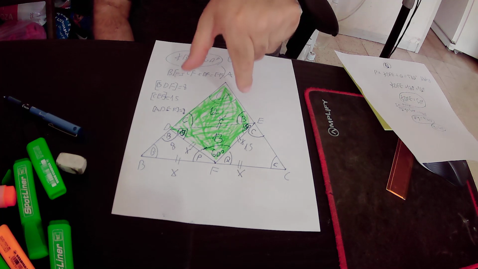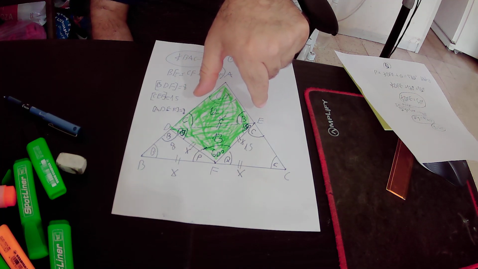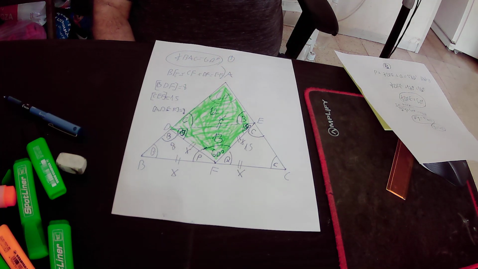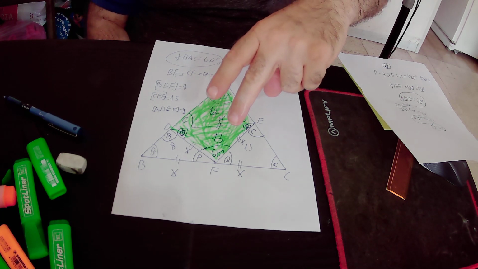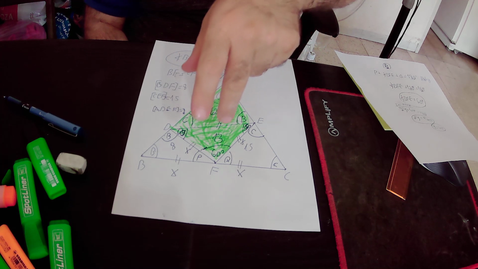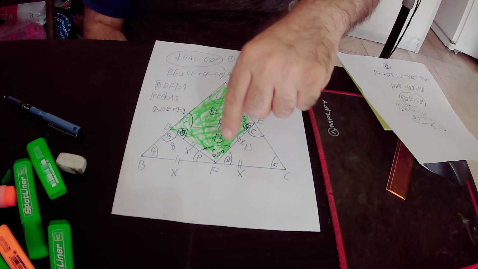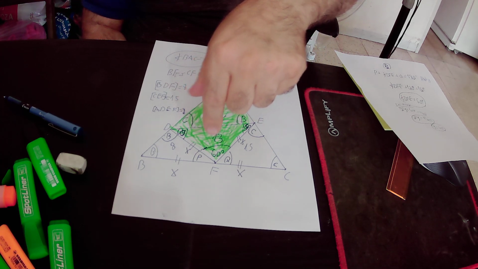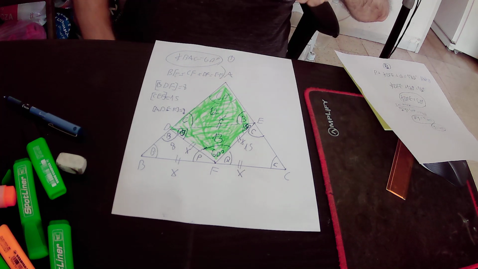Then we connected points D and E by a straight line, and we know that EF equals DF. Those two sides in triangle DFE are equal to each other.